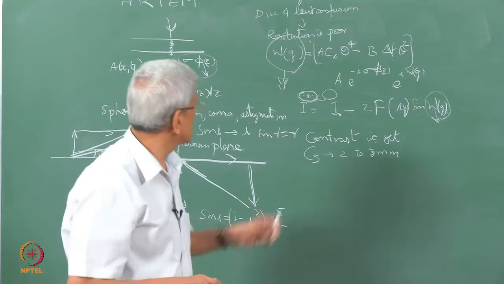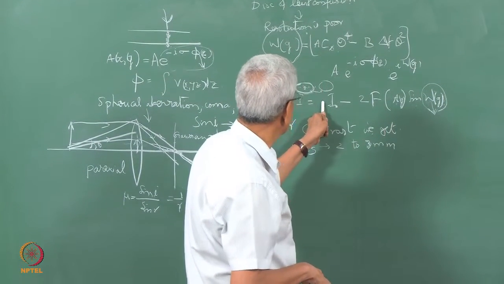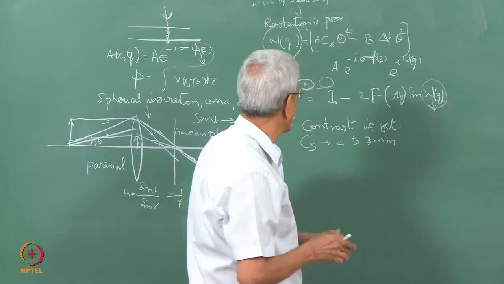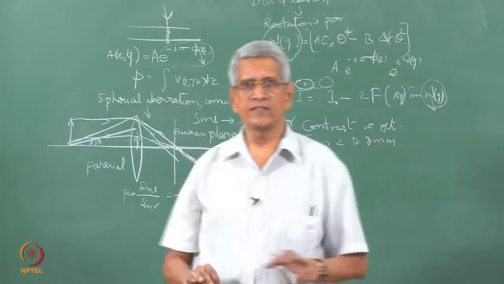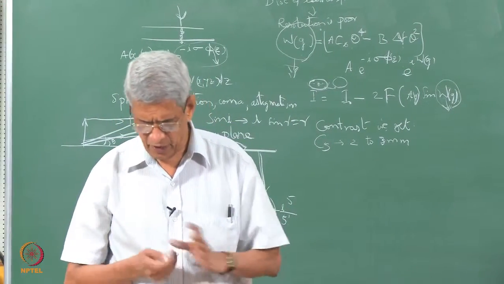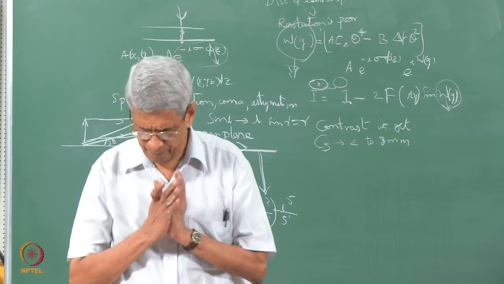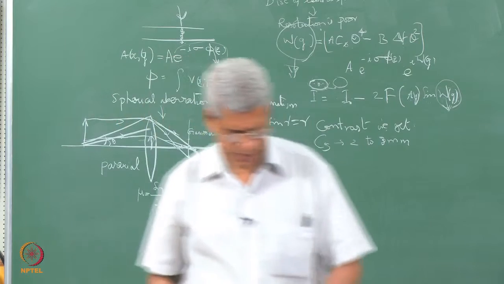And the third is that all the terms contribute to the contrast, so we get a much better, sharper contrast. These are the three advantages, and these three are utilized to get a lot of information about the sample.